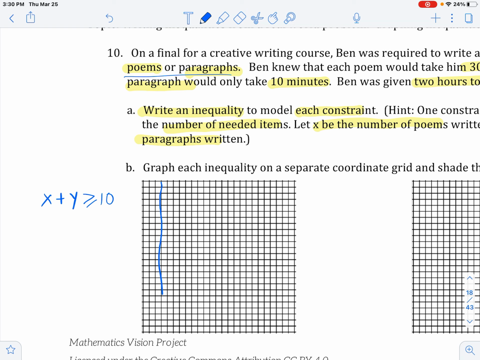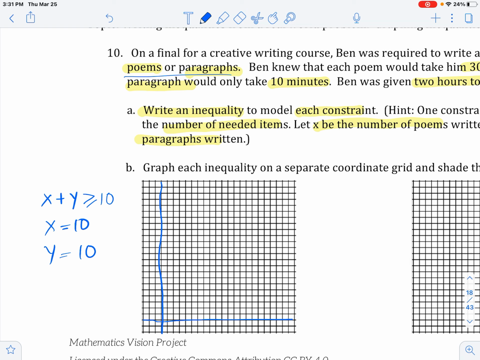That's my y-axis if I draw, and that's my x-axis. My x plus y is 10. So either you can use the intercepts or you can use the slope intercept form, I feel like I'm going to use the intercepts for this inequality. x equal to 10 is the x-intercept and y equal to 10 is the y-intercept.